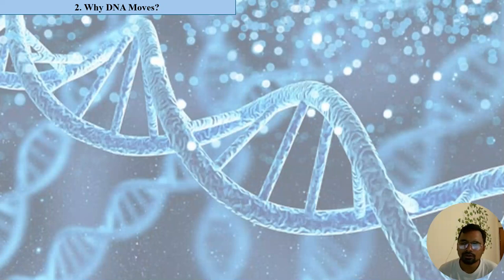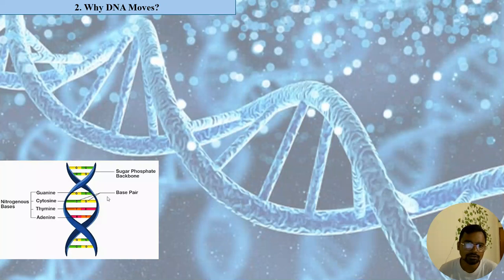Then we discuss why DNA moves. We all know that DNA is highly negatively charged. The sugar phosphate backbone here is highly negatively charged, while the other side is the positive electrode.